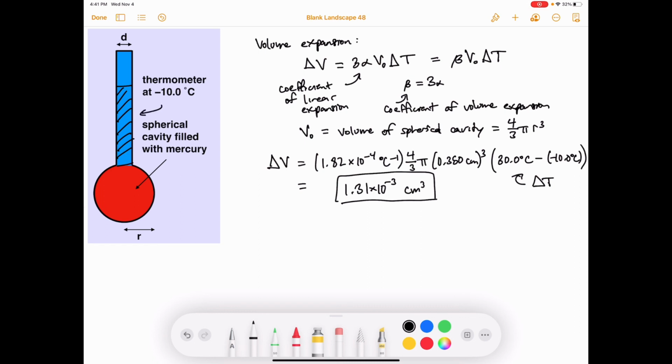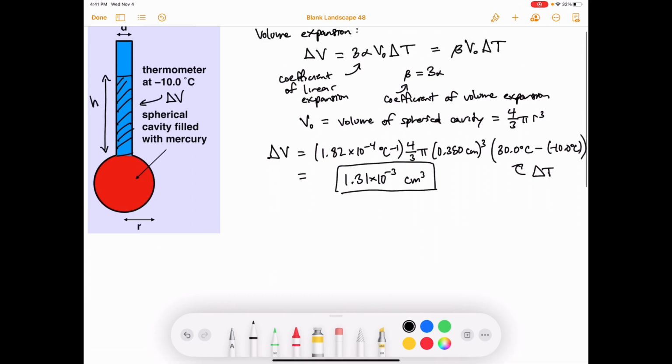This is our delta V. And so there's a height to this column of mercury in the tube. We'll call that h. So here, let's really think about this carefully. Delta V, this extra volume of mercury, is the volume that goes into the cylindrical tube.